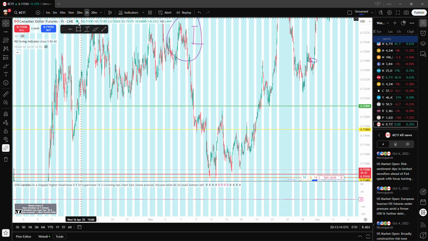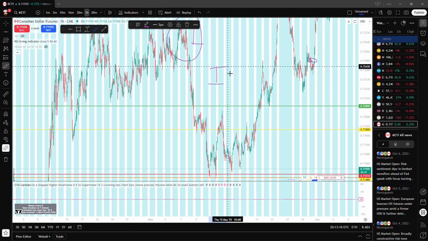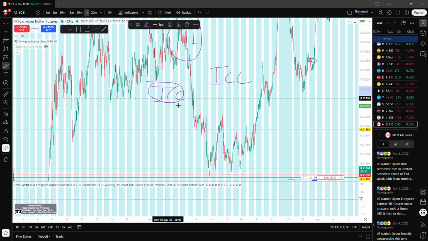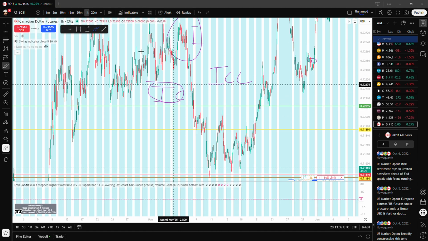It's either you enter the market and then you wait for an indication, you wait for the ICC, or you enter the market and you already have an I, and then what you're doing is just doing the C. So it's either you wait for an indication or you hop into the market already with an indication, like right here, and then you start doing the C, the correction, seeing how that plays out. Okay.